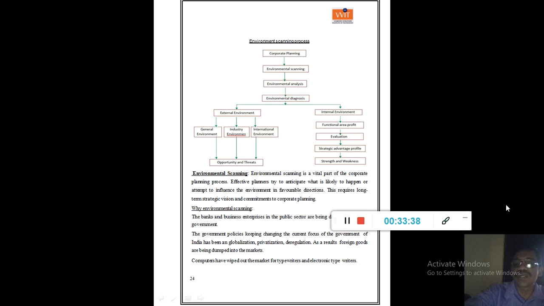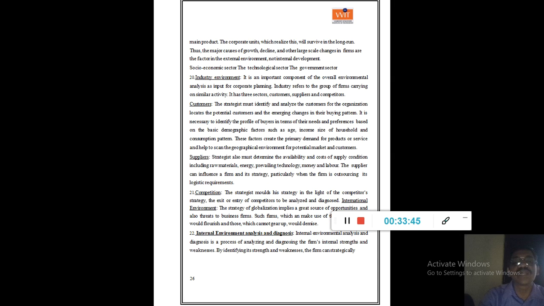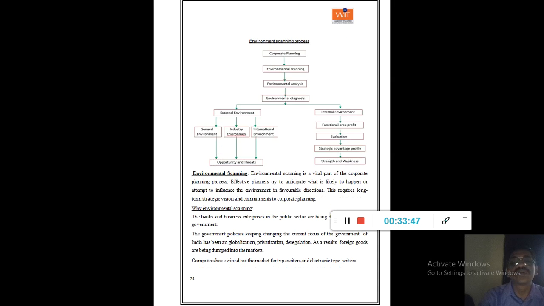What process is regarded as the environmental scanning process? If you look at this slide carefully, the environmental scanning process consists of corporate planning as the first step. The second step is environmental scanning.